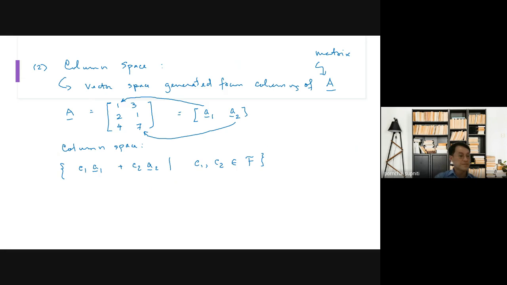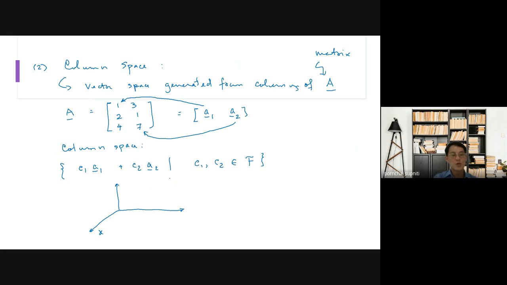So what does this actually mean in terms of the geometric notation? Here each column has 3 elements, right? So we can consider each column as a 3-dimensional vector, because the column space is the addition of 2 vectors, each one 3-dimensional.